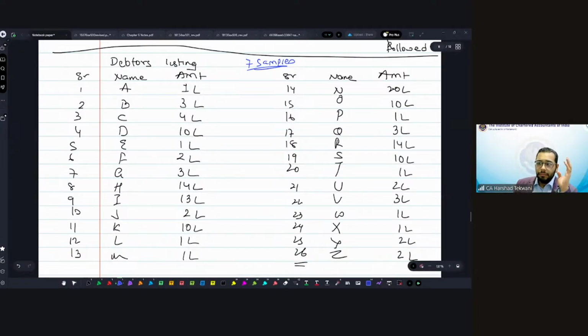Select the 7 samples out of this and tell me the basis of selection. So the purpose is to get the external confirmation, right? Yes.